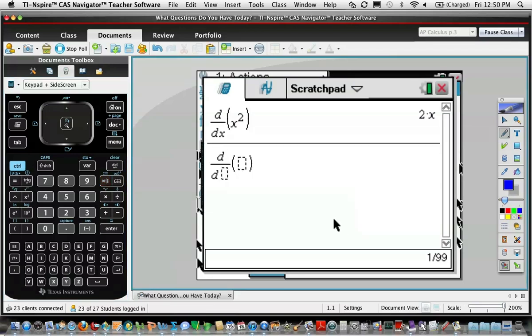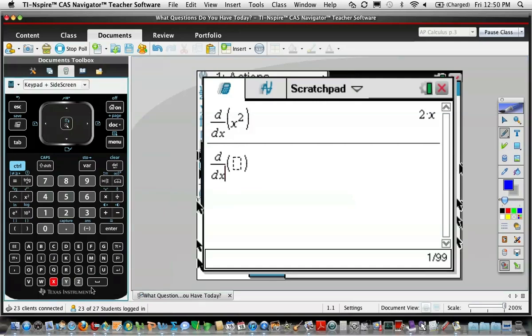Okay? Let's have it do the derivative of number 46 here. Let's type that in. Okay, so I've got a fraction. Got a square root.